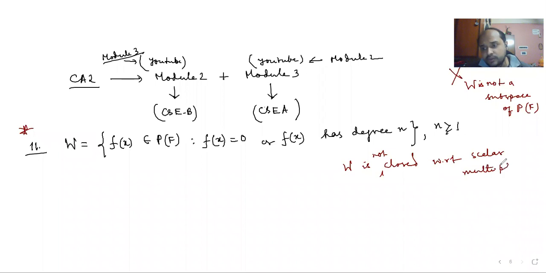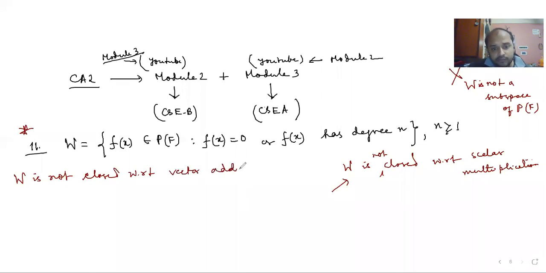By mistake, I did this, and therefore this particular option is actually not the incorrect option, because indeed W is closed with respect to scalar multiplication. But W is not a subspace of P(F) because W is not closed with respect to vector addition.